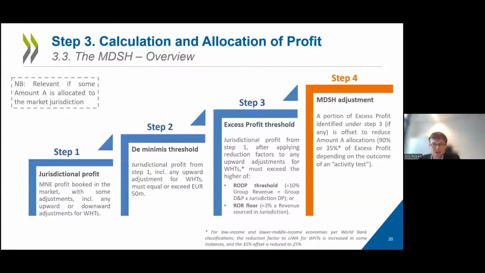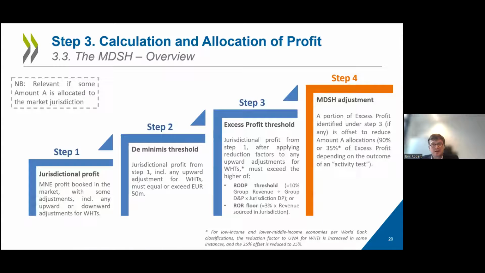So what is this RDP threshold? You can see there's a formula here on the screen. You basically start with 10% of group revenue, which is, as you know, the threshold that you use for the purpose of scope. So it's an existing threshold. And it's also the threshold that you use for the purpose of profit allocation, when it's 10% of group revenue, and you divide it by the group depreciation and payroll.